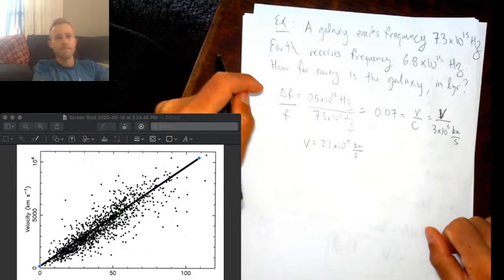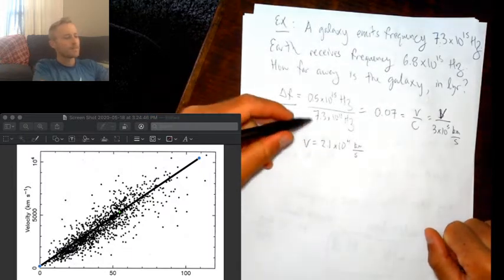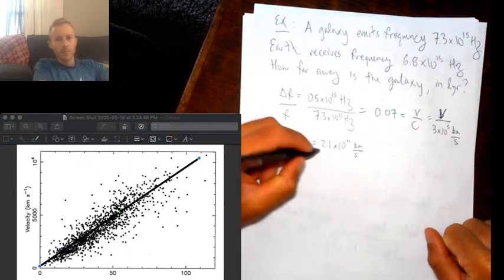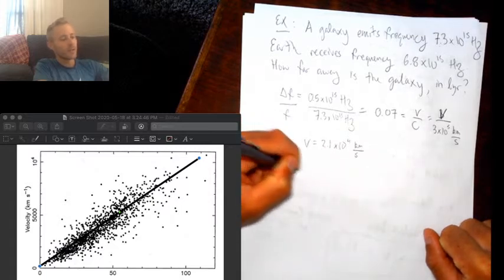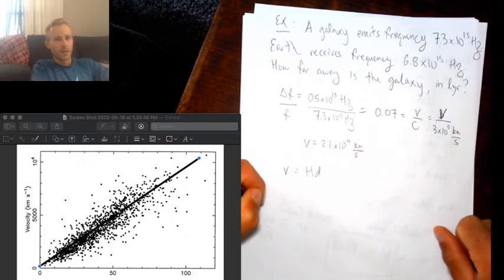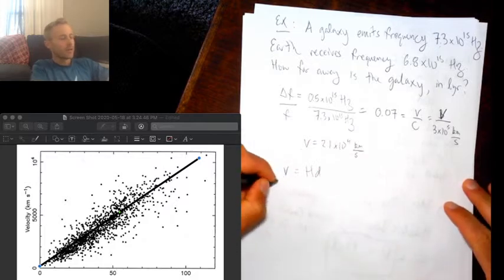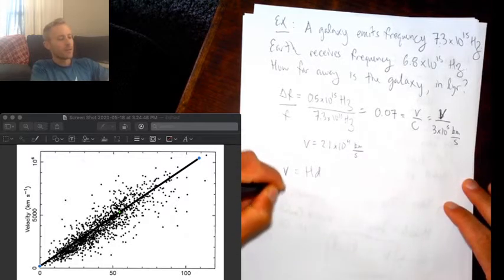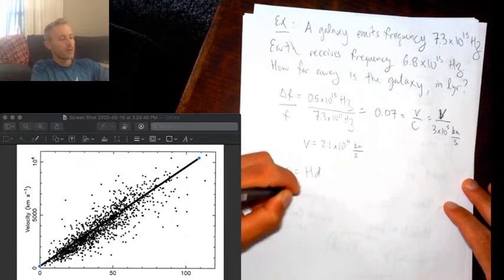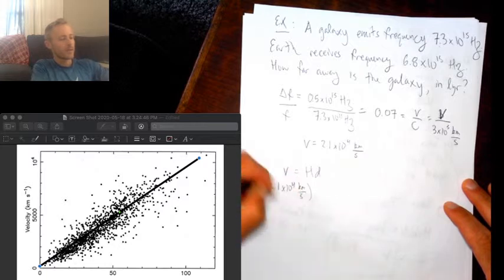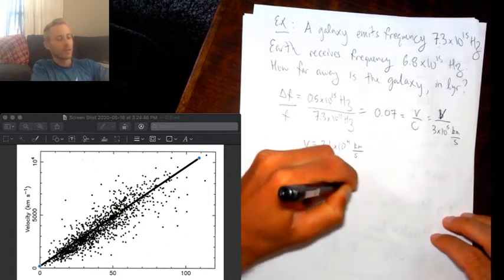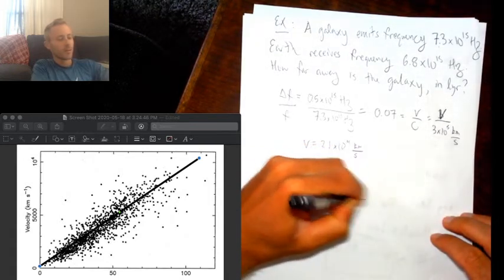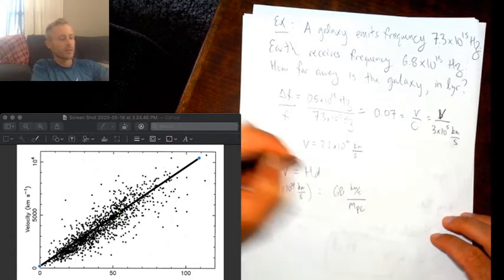Okay? So now we want to plug this into Hubble's law, v equals H d. So we have 2.1 times 10 to the fourth kilometers per second equals 68 kilometers per second per megaparsec times d.